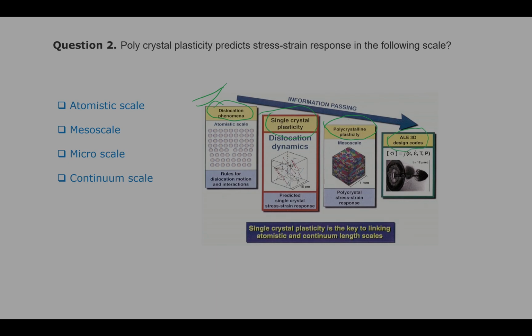Here they are asking about polycrystalline plasticity. In which scale does it follow? It is following the meso scale. So the right answer will be the meso scale. In atomic scale, what is that? Dislocation phenomena. So this will be wrong. And micro scale also you can see here.